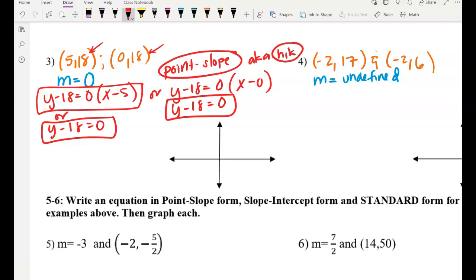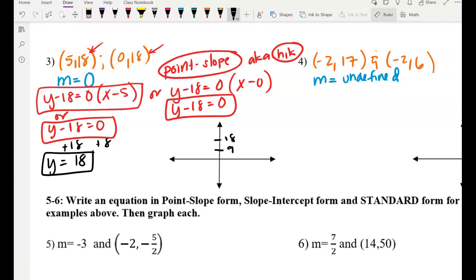Okay. Now the second part is going to ask for our slope intercept. So slope intercept is when we move the y over. So if we move the y, I'm just going to add 18 to both sides. Okay. So y equals 18. Well, that's it. The slope is 0. So what does y equals 18 look like? I'm going to label this just, let's say, 9, 18. I'm going to make 2 tick marks, okay?